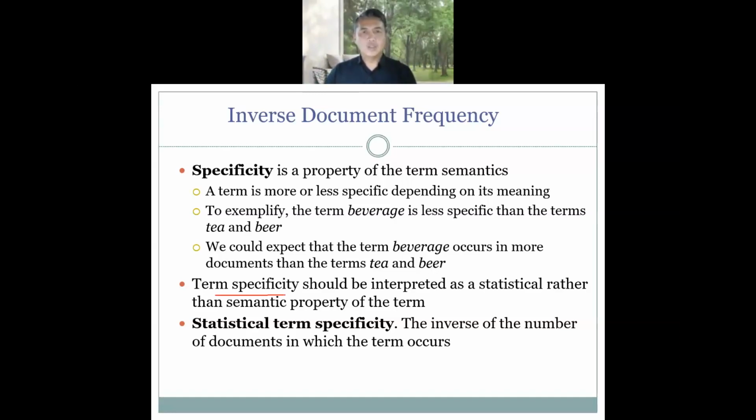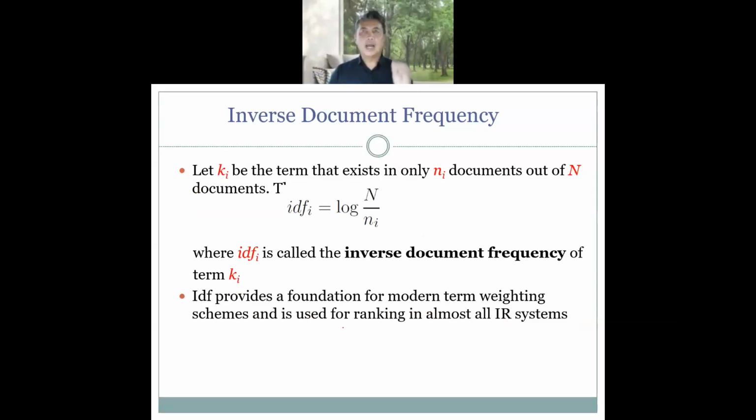So the formula for the inverse document frequency will be this, where n_i refers to the number of documents that contain keyword i. So the inverse document frequency for keyword i is equivalent to log 2 of n over n_i, where n is the number of documents you have, and n_i is the number of documents that contain keyword i.